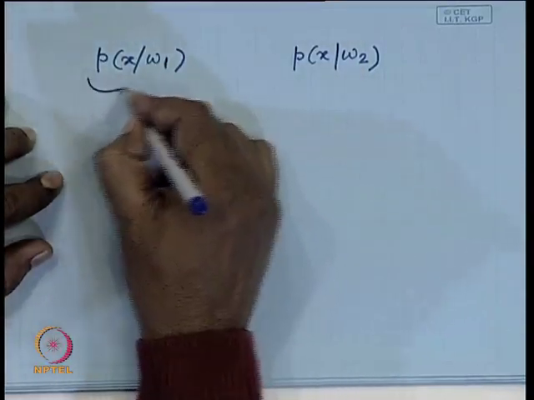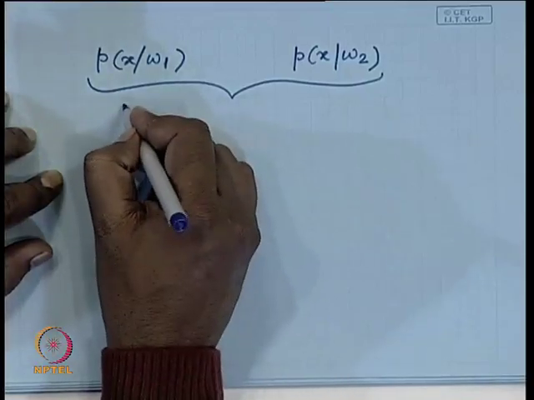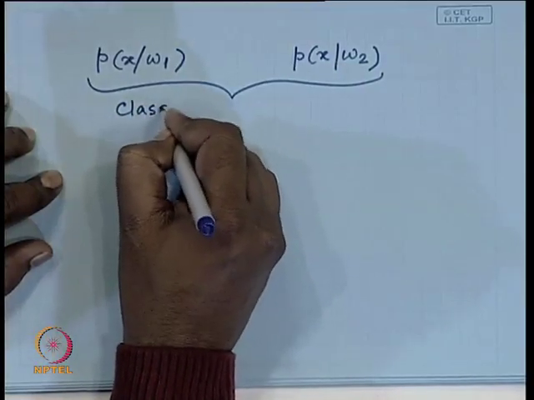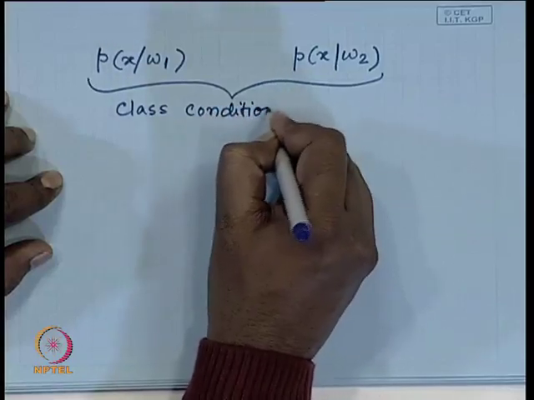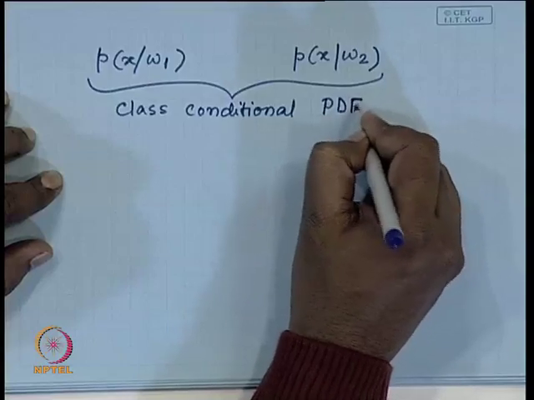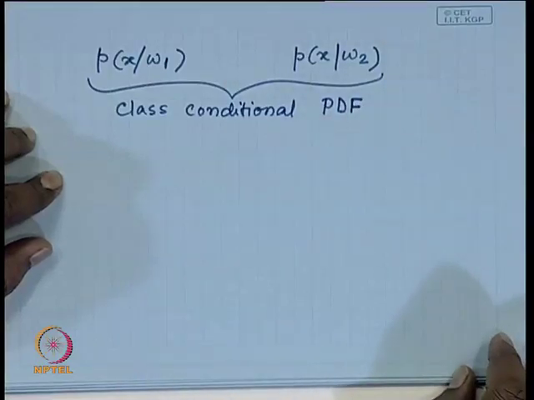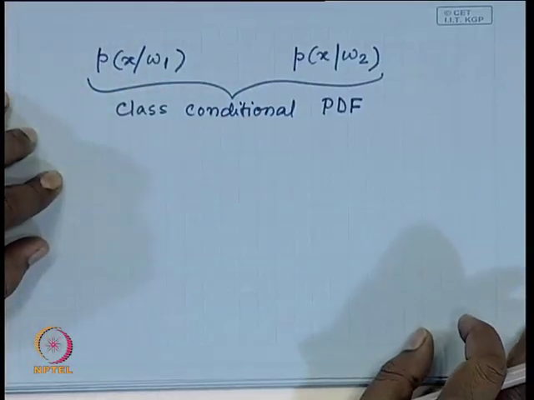These are the probability density functions which are called class conditional probability density function, class conditional PDF. So, I have p of x given omega 1, I have p of x given omega 2.